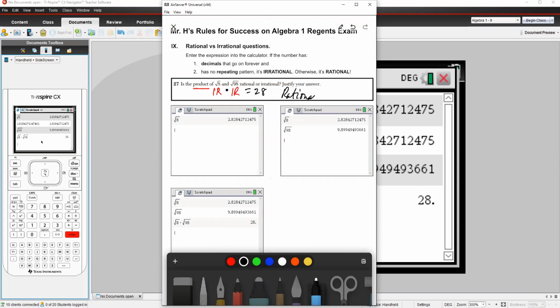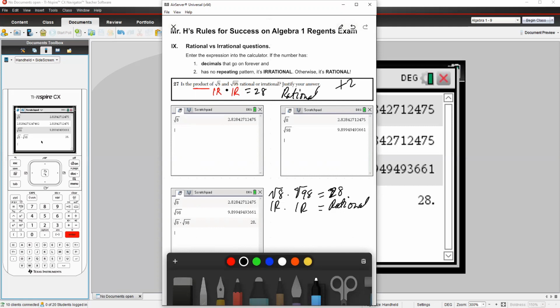So your answer would be something like this: the square root of 8 times the square root of 98 is 28, which is rational. And you can say each of these is irrational, and it gives us a rational number. That is perfectly legit. If you do that, you get 2 points. This is a 2-point question. We should be getting those 2 points.